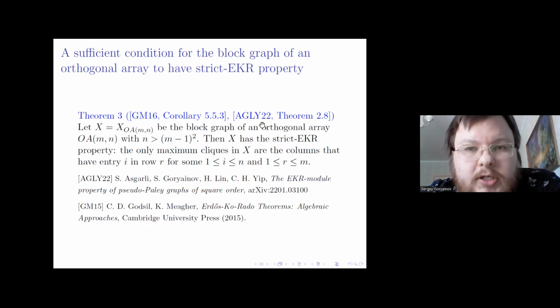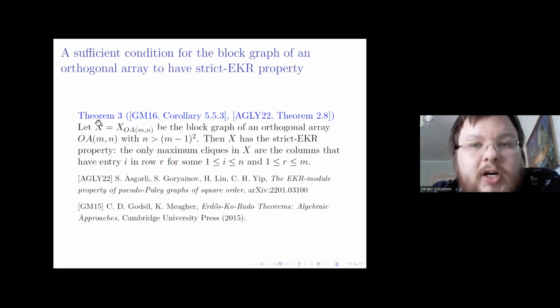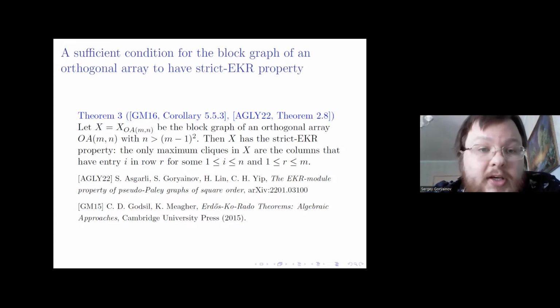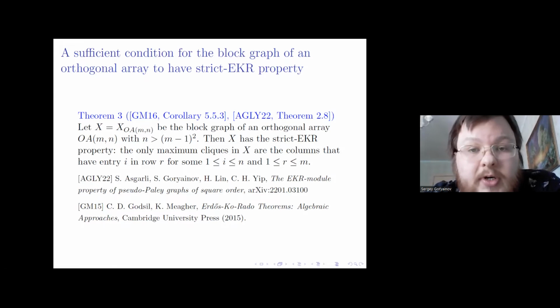And in our preprint, we gave another proof for this result. Let X be the block graph of an orthogonal array OA(m, n) with the condition n is greater than (m-1)². Then X has the strict EKR property. The only maximum cliques in X are the columns that have entry i in row r for some i and r, satisfying these inequalities.